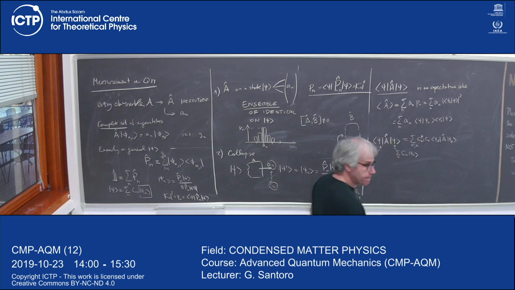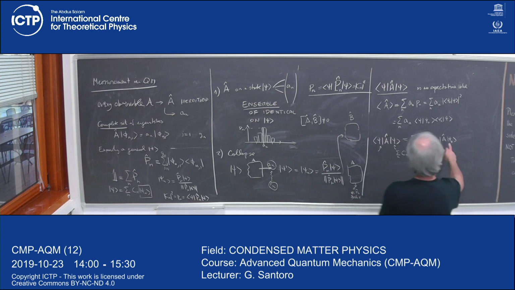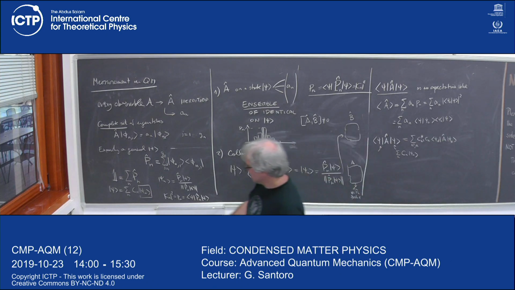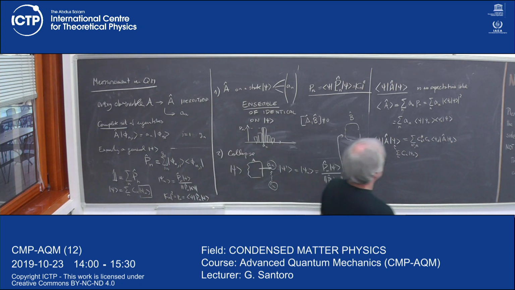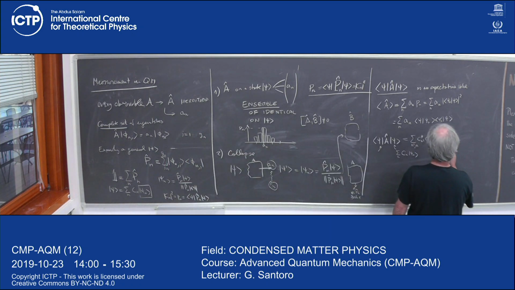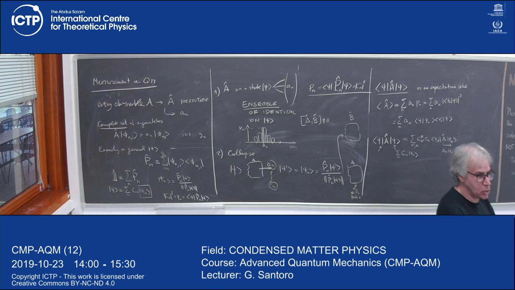Is this clear? But these are by definition eigenvectors of A with an eigenvalue an. So this object here gives me an times psi n. Then these are different eigenvalues in general, okay? n and n prime. And I told you that eigenstates associated to different eigenvalues of an Hermitian operator must be orthogonal, okay?